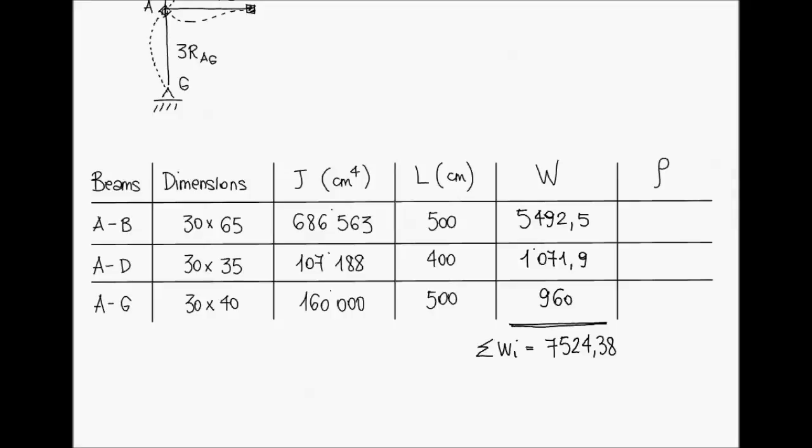Then we can calculate the distribution factors, which are 0.73 for beam AB, 0.142 for beam AD, and 0.128 for beam AG. We have to check that the sum of the distribution factors relative to node A is equal to 1, and this is respected in this case.